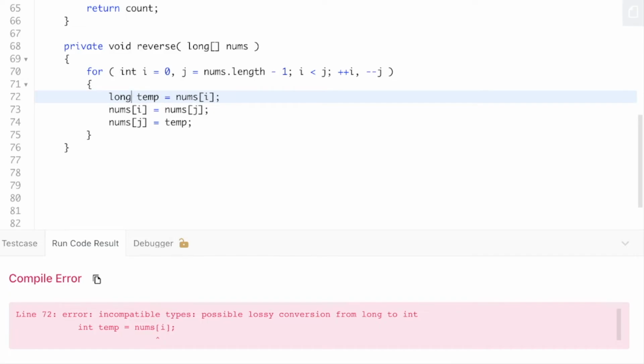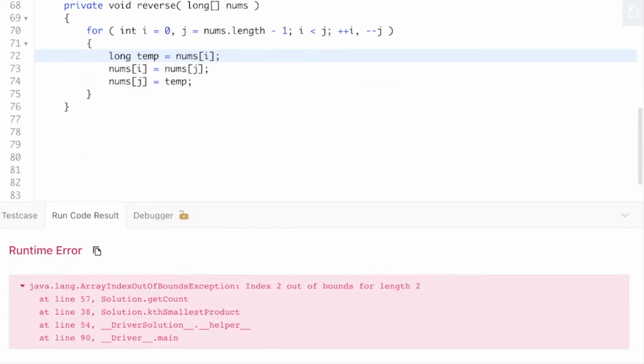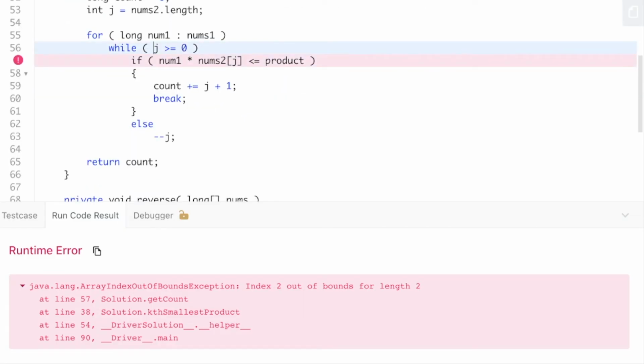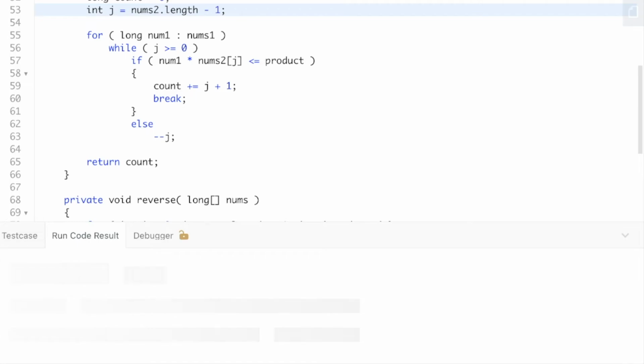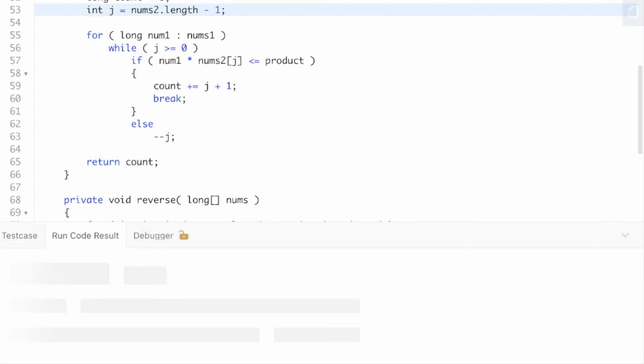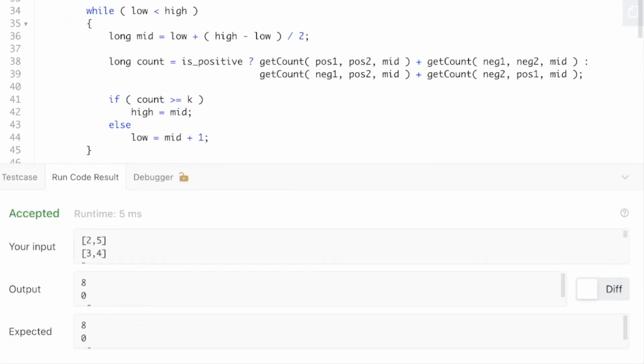Okay, cool. Index out of bounds. Where am I out of bounds? Where did I go wrong? So go through every number in nums1, and j is greater or equal to, this needs to be length minus 1. Okay, we start at the last element. All right, I'm a little tired. I'm in the loopy phase. Okay, so let's use the example test cases, run it. Holy cow, it's working. Okay, let's submit it.